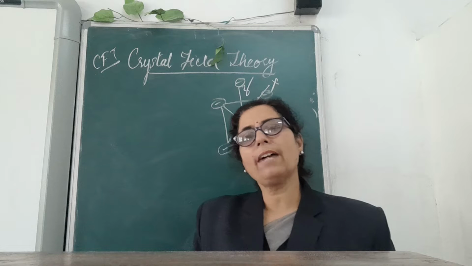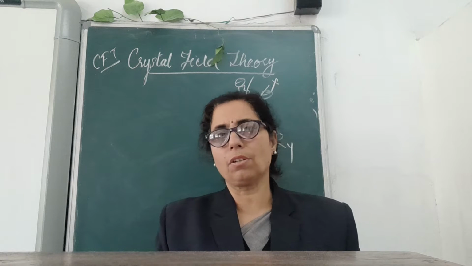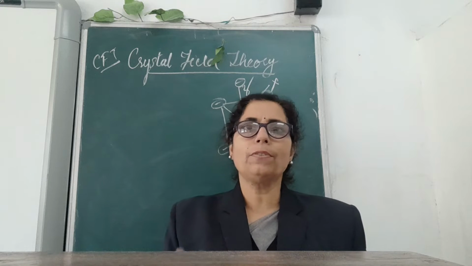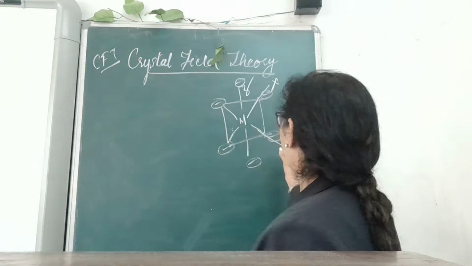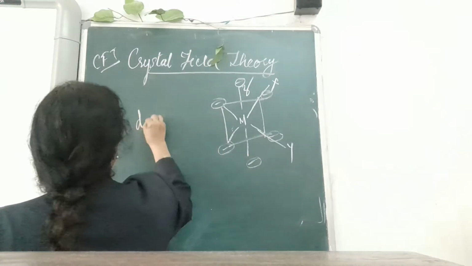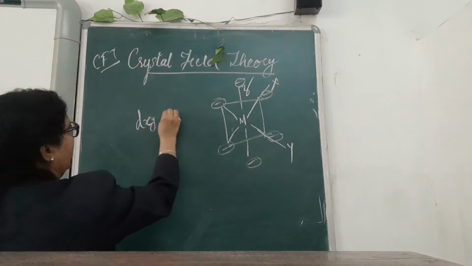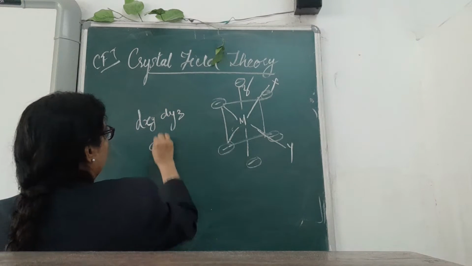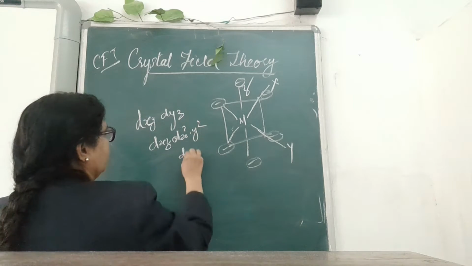You have also studied in class 11th about the orientation or the structure of d orbitals. There are 5 d orbitals: dxy, dyz and dzx, and dx square minus y square and dz square.